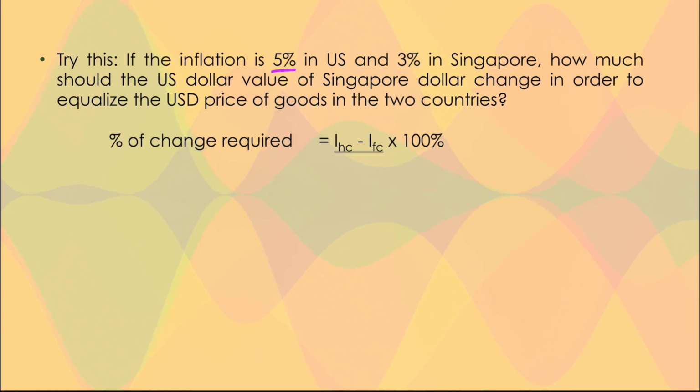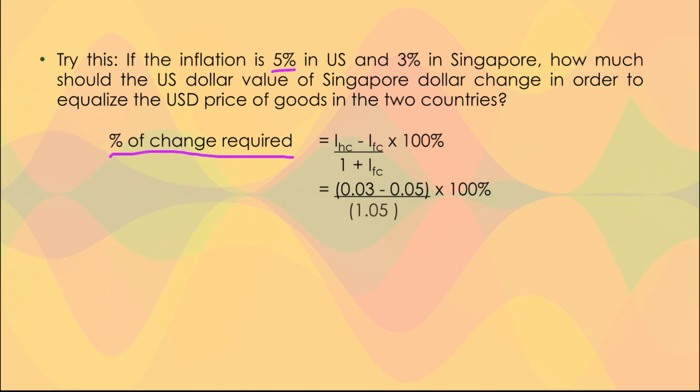First, we have to find the percentage of change required: expected inflation rate of home currency minus expected inflation rate of foreign currency, divided by 1 plus expected inflation of foreign currency, times 100%. After you calculate, the answer is negative 4.46%.